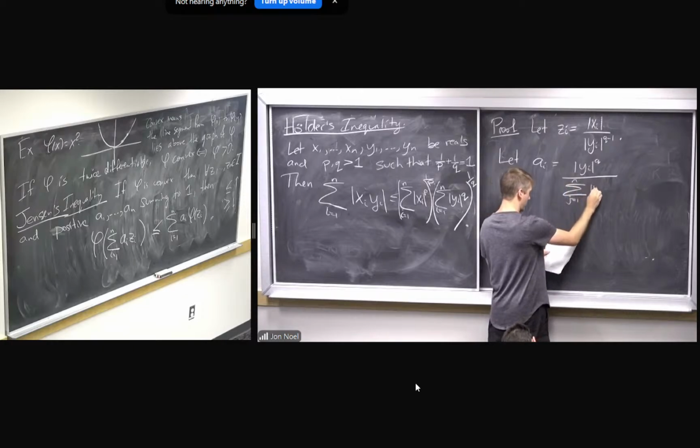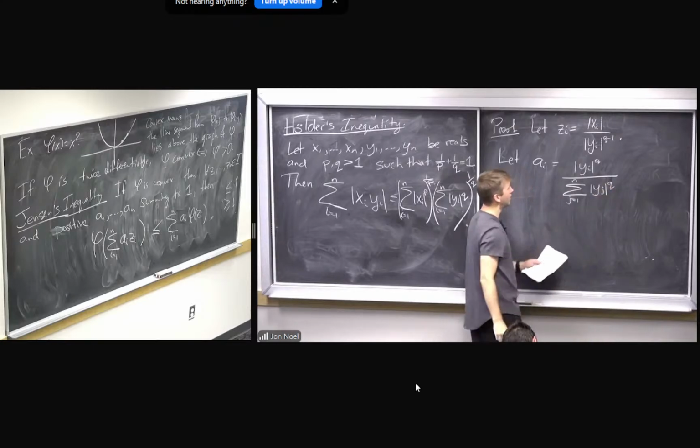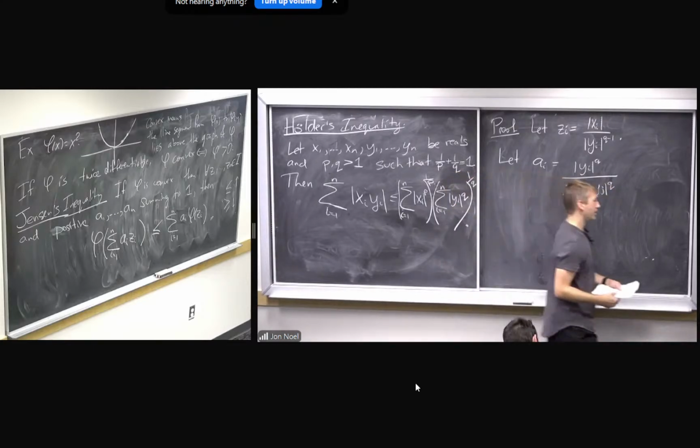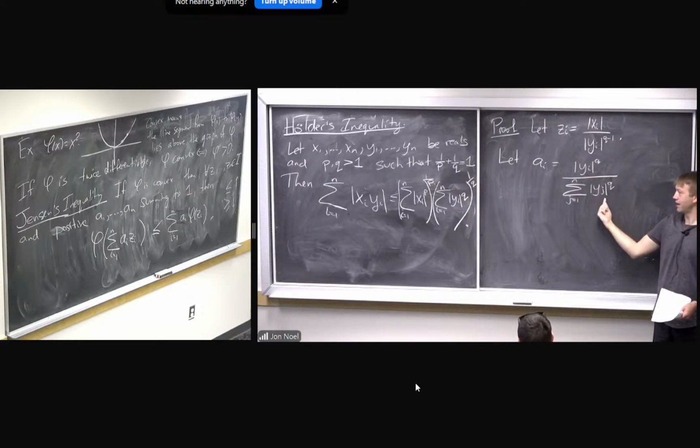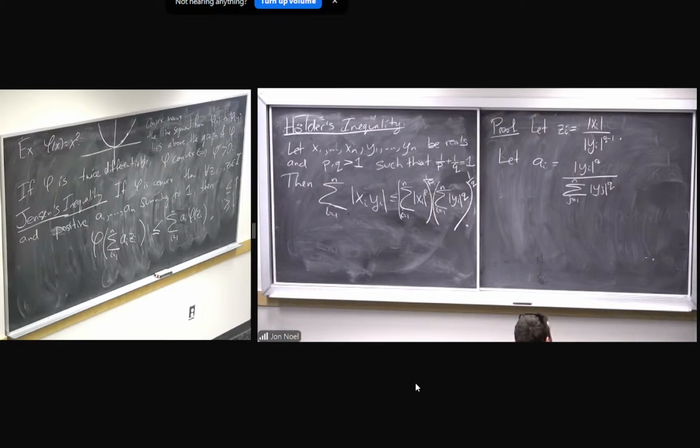And then I need to normalize this because, at least the way I've stated Jensen's inequality, these ai's add up to 1. So as long as I do this, if I add up all the ai's, it'll compute the same sum as the denominator, so it'll add up to 1.